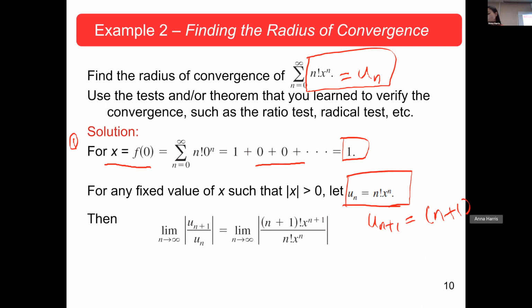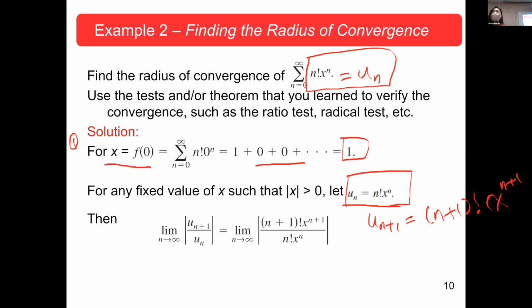N plus 1 factorial. That's right, x to the n plus 1. Is everybody with me? Just like what it says, it's U sub n plus 1, so I'm replacing all the n with what? N plus 1. Yes, you can write that down.